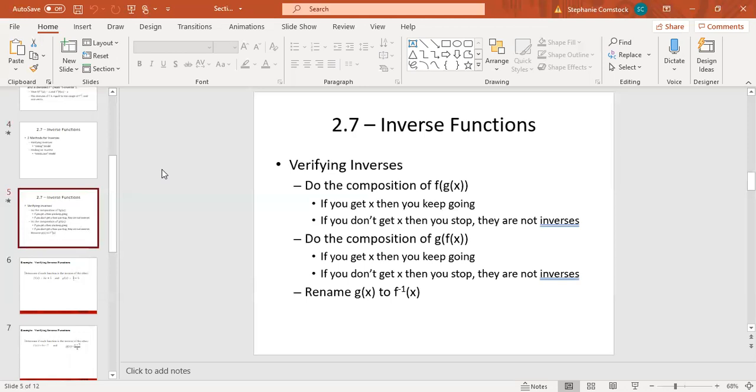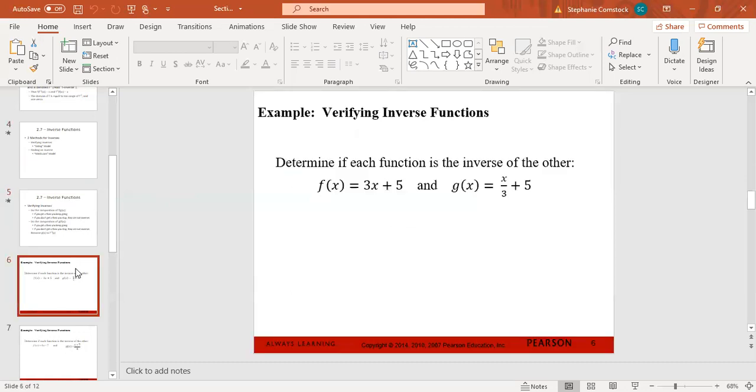That's not the way this works. So now, if they're going to go on their next date, then you're going to do g of f of x. Again, if you get x, great, wonderful. We have now established that they are soulmates, and we're going to do some renaming here. If you don't, then they're not. So we're going to take a look, and I'm going to get this transferred over here to my board.